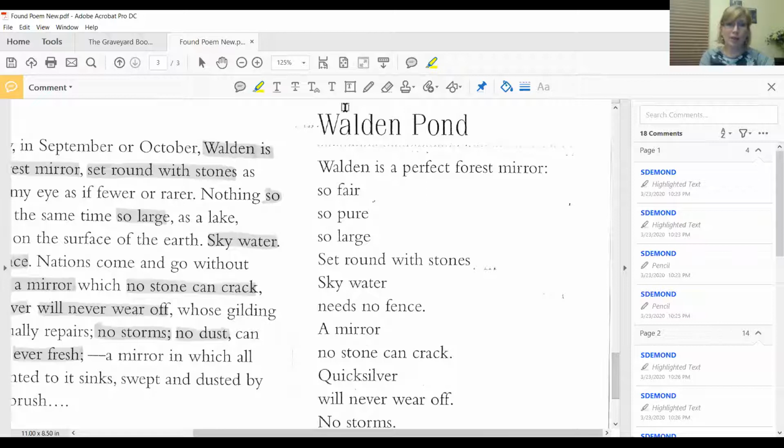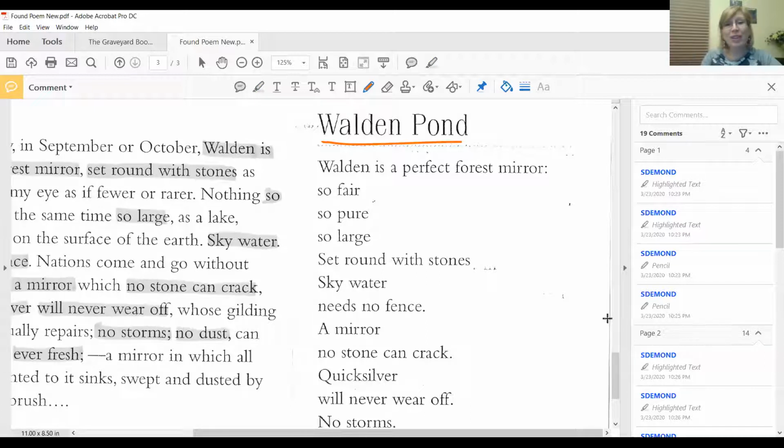We also include a title. So the original title was called The Ponds, but now we're using Walden Pond. And let's see how this poem sounds. Remember, poetry is meant to be read out loud, and we can experiment with the word order and line and stanza breaks. But let's read this one now together as the poem form.